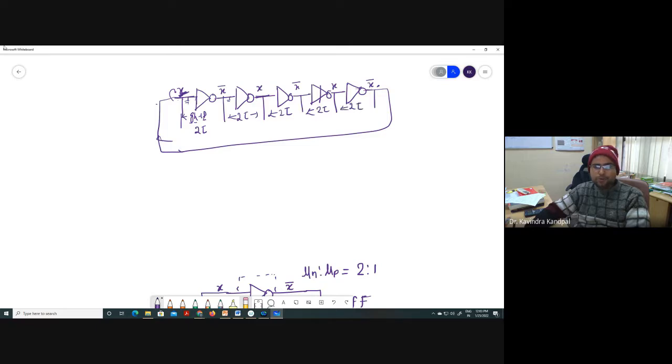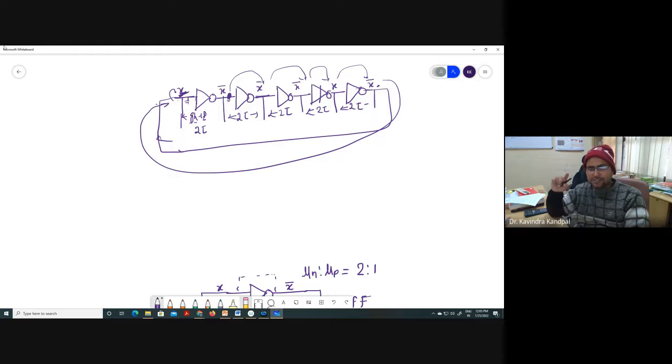Let's say you are measuring the delay at this particular point. The effect gets transmitted here, then here, then here, then here, and then it comes back. It continues until the effect settles, so almost twice a cycle you are repeating at the same instance.